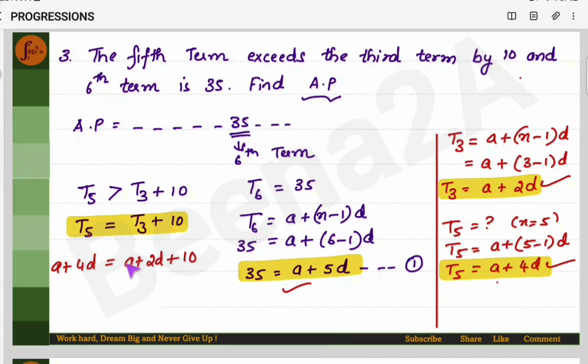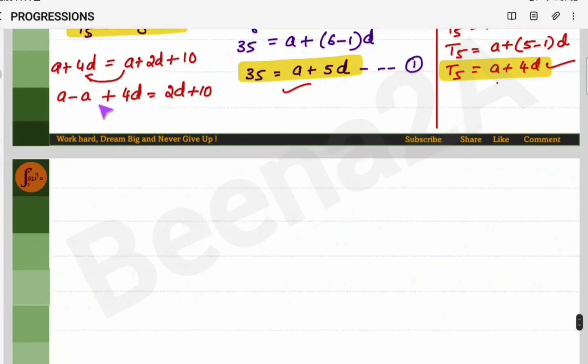Now if I shift A this side, it will become A minus A, because this is plus A, when it comes here, it will become minus A. Plus 4D is equal to 2D plus 10. A minus A is 0. So 4D is 2D plus 10.